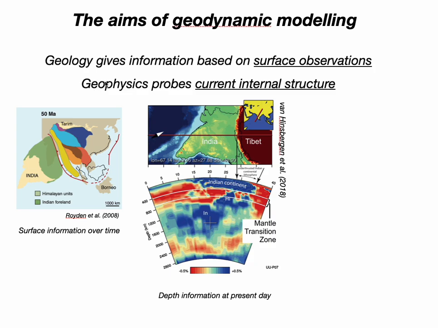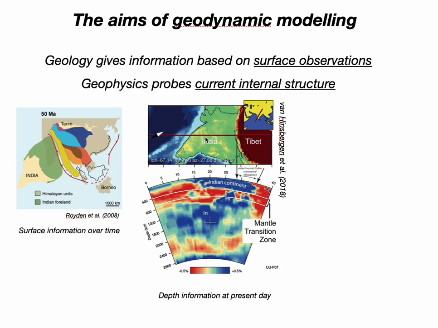A second very important player is geophysics, because with geophysics, and here in particular seismology, we can probe the internal structure of the Earth. This is done with measurements made nowadays, so they will reflect the depth information at present day. Here you see a section, that's the present day configuration. You have India, and here is Tibet.